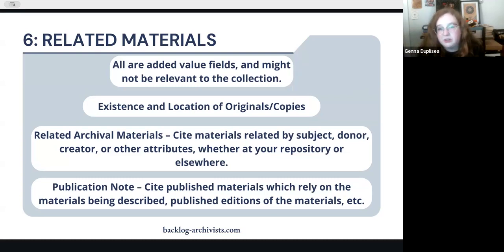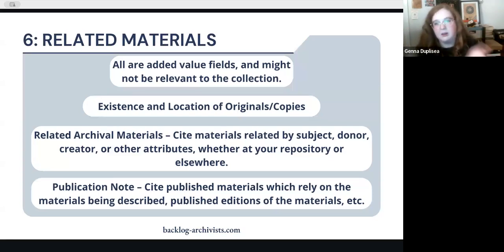Related archival materials is a field for anything that you think a user would be interested in that's related to the collection at hand. So maybe they're related by subject, donor, creator, or other attributes, and that's whether they're at your repository or at other repositories. So you don't have to separate out what we have and what other institutions have.